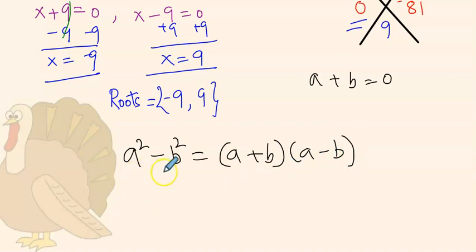Square of the first term minus square of the second term is equal to first term plus second times first minus second. So that x square minus 81. Okay, here I'll write, not on that. 81 is 9 times 9, right? 9 square. So that x square minus 81, I can write it as x square minus 9 square.